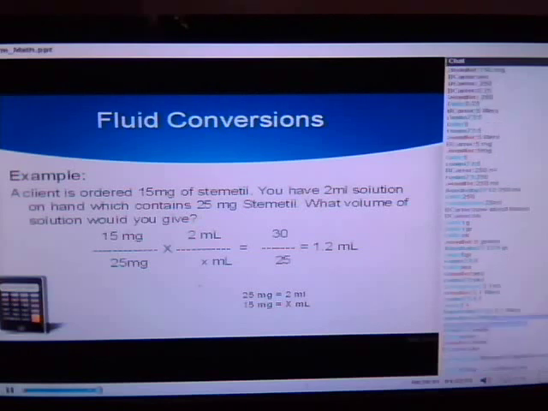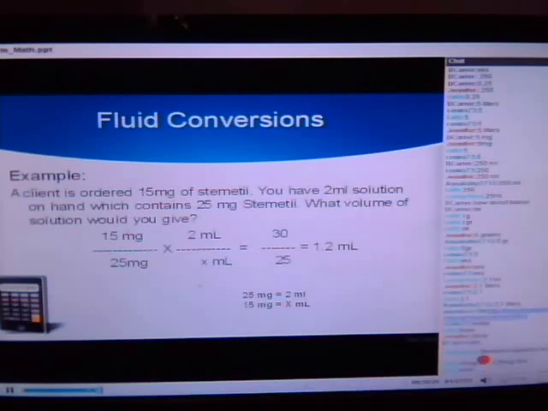Alright, 25, wait, I'm looking right at the times 2. Maybe I hit a wrong button. Right, Faith, you're correct. I might have made a mistake when I wrote this.